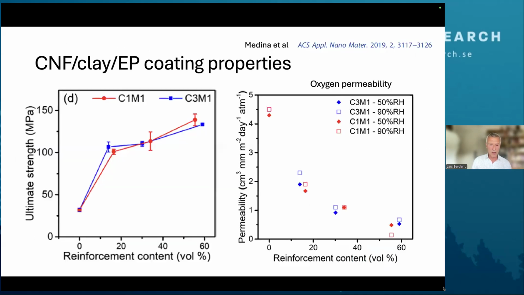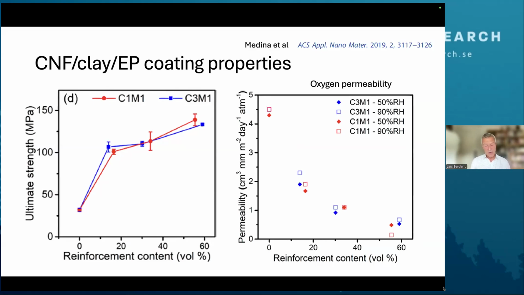very stable against moisture. So the left-hand side image for this hybrid composite, you see the total reinforcement content, so C1M1 means that we have the same amount of cellulose and clay. So we improve strength significantly, and then there is some improvement when we go to higher reinforcement content, but not as strong as in the small amounts of nanoparticles.